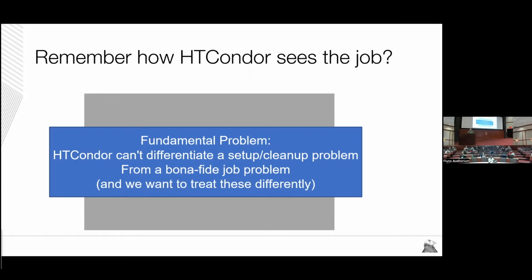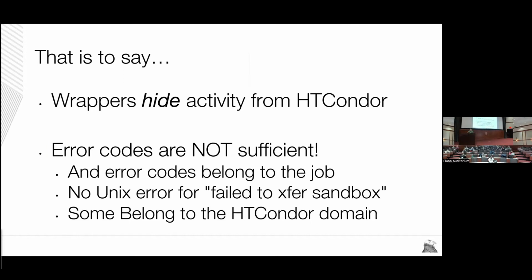Maybe my genetic search returned an error because it couldn't find what it was looking for. And that's a really different kind of error from I failed to transfer my input files. And we want to be able to treat those differently. And really that is to say that wrapper scripts like this hide activity from the batch system, and that error codes alone are not sufficient to communicate what's going on inside that opaque box.